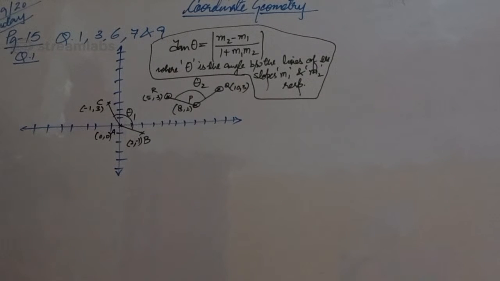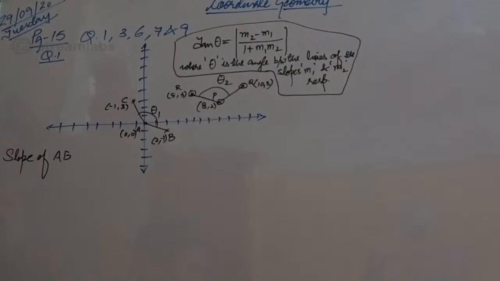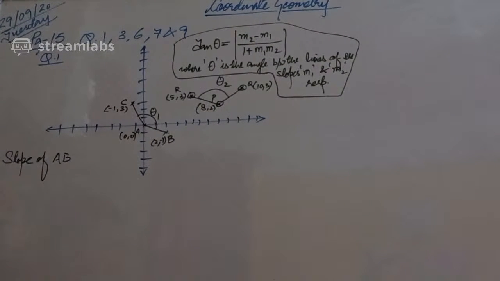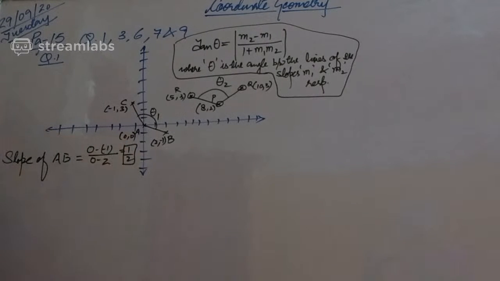So let's find it out this way. We can just write down the slope of AB. Is it visible? Slightly better now, I think. Slope of AB, if we find it out, then what can we write? (0 minus (-1)) divided by (0 minus 2), which will come 1 divided by 2.